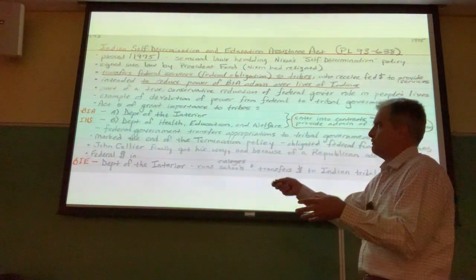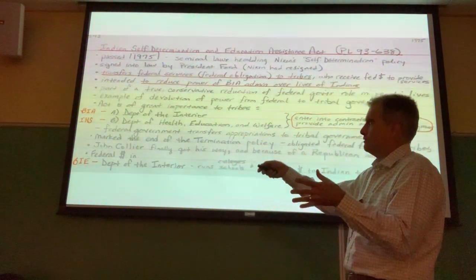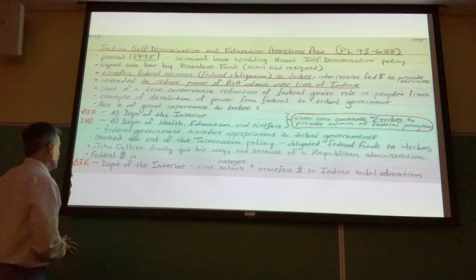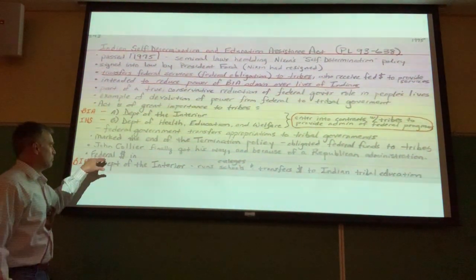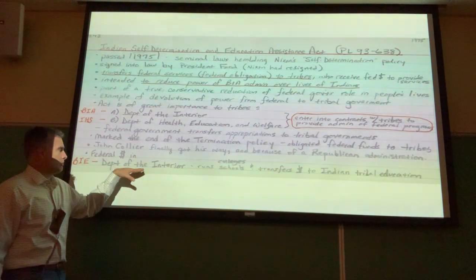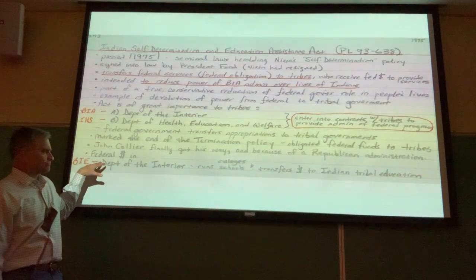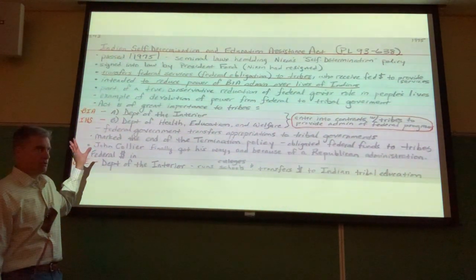So the Bureau of Indian Affairs is still around, and Indian Health Service is still around, and the Bureau of Indian Education, the BIE, is an agency within the Department of the Interior that deals with education for Indians.